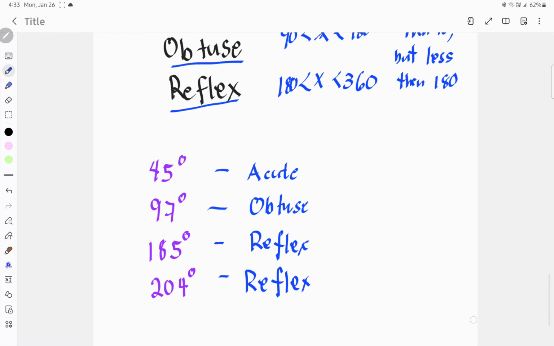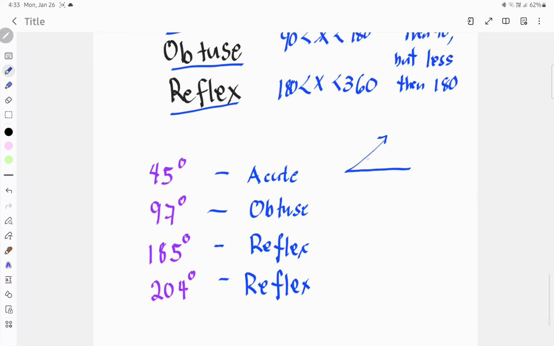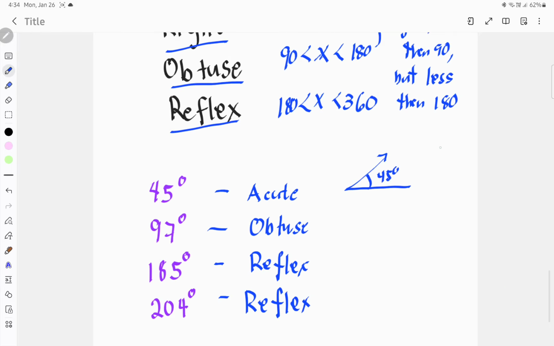Now, assuming we have an angle, we can rewrite it as this kind of angle: 45 degrees. When you have a standard perpendicular, 45 is just the half. That is just an assumption. Now, if we have 97, it could look like this.